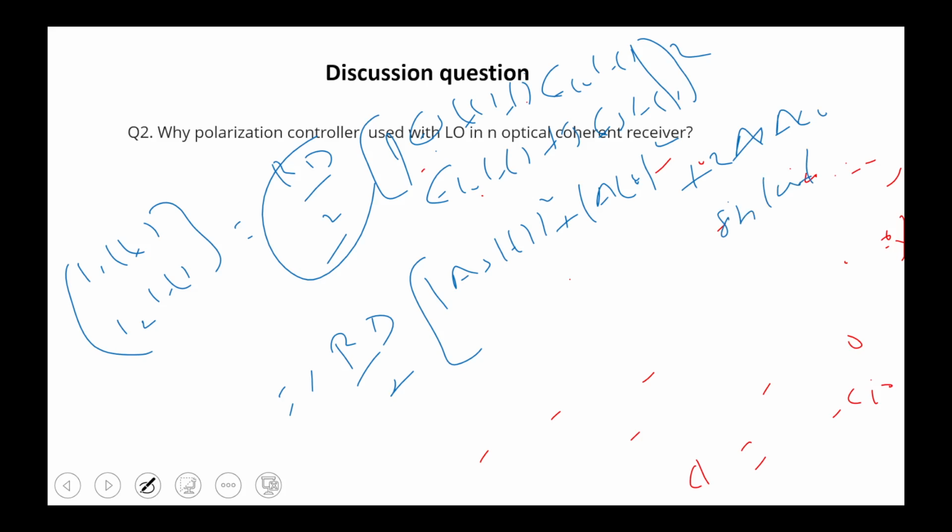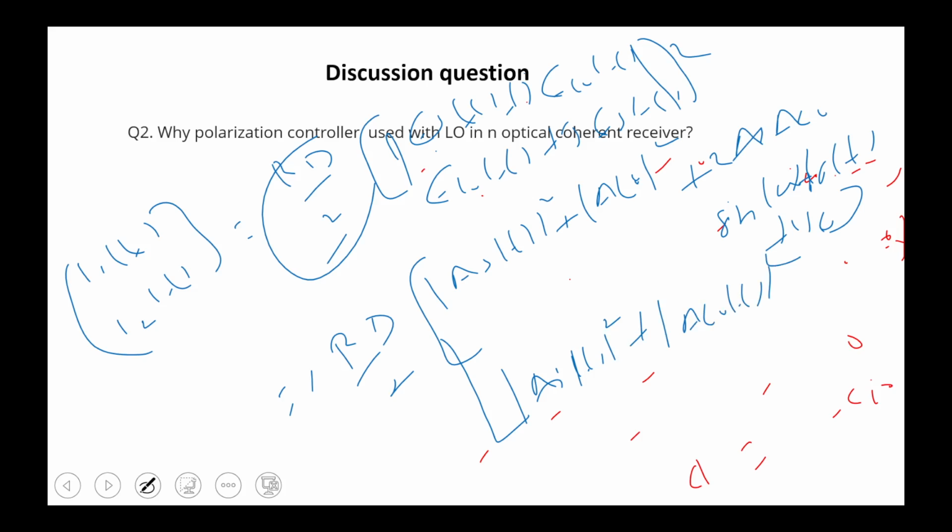sin(omega intermediate frequency t plus delta phi), and the second component should be the same: AS(t) square plus the mode whole square minus, because AS(t) ALO sin(omega intermediate frequency t plus delta phi).